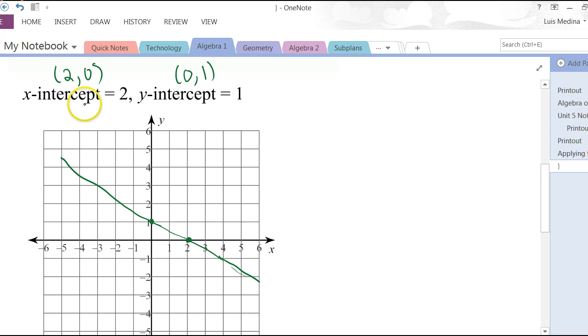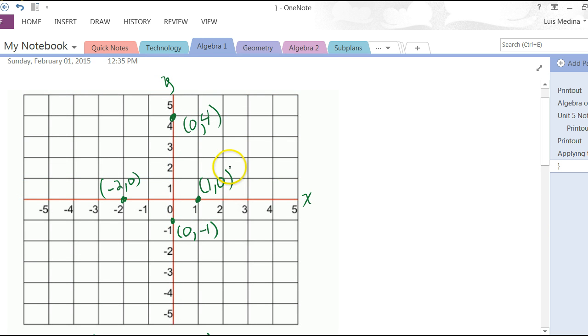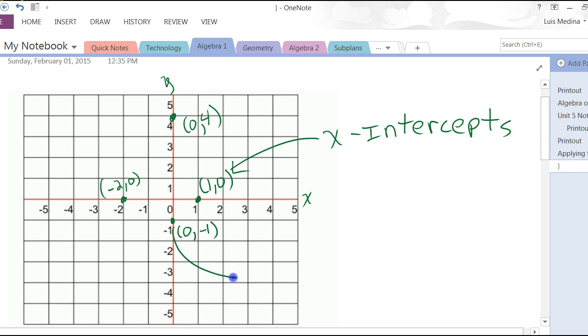So x-intercept, let me go one more time. These guys are called x-intercepts. And the points there on the y-axis are called y-intercepts. And you notice how the y has a number, but the x is 0.